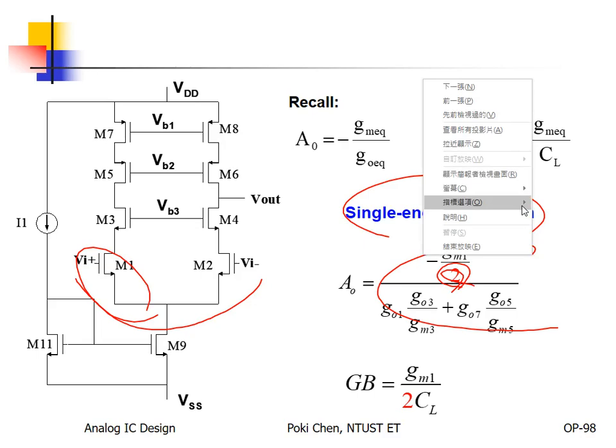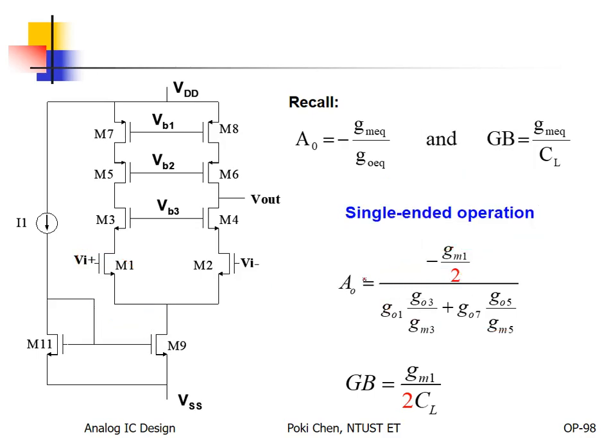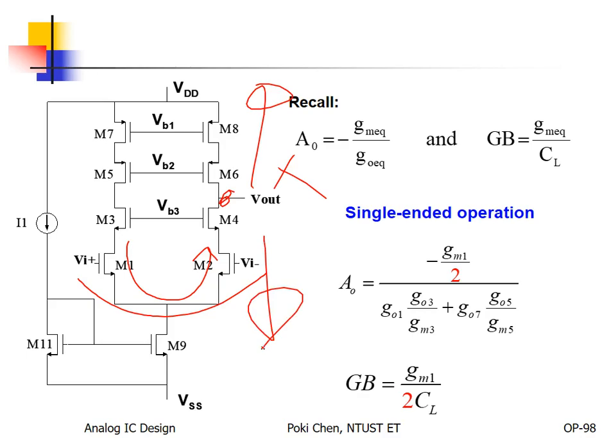How do I estimate? For example, if you apply your input here, you convert the input voltage into output current, and the output current goes through the overall output resistance.